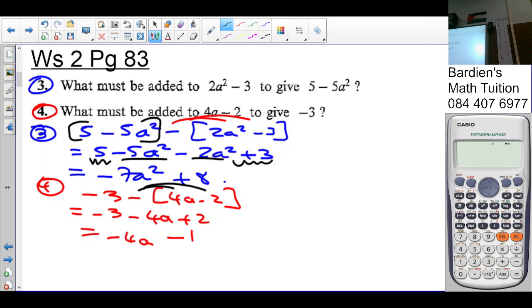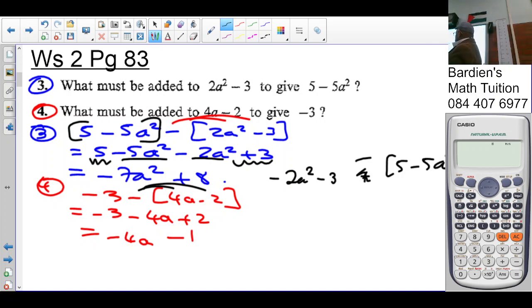With a minus. So you wrote minus 2a squared minus 3 plus minus, like that. You got the same answer. Okay. So this remains 2a squared minus 3, no? Minus 5 plus 5a squared.